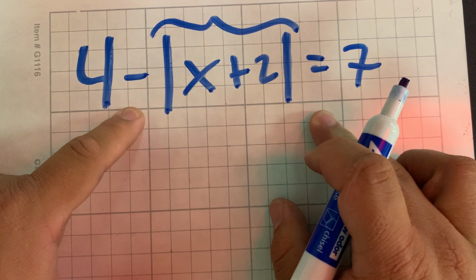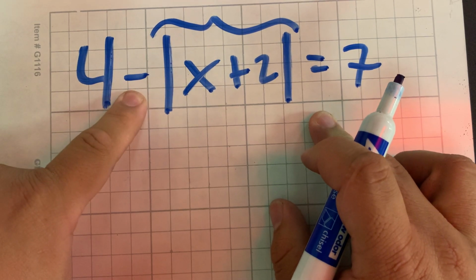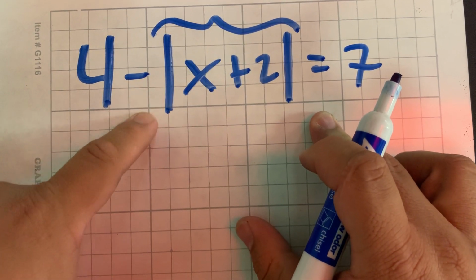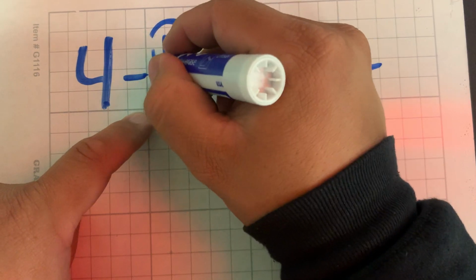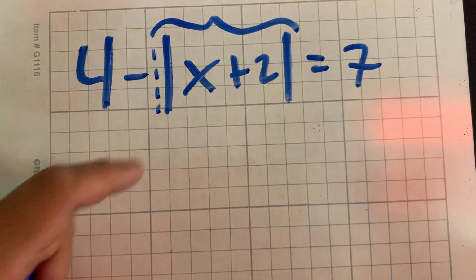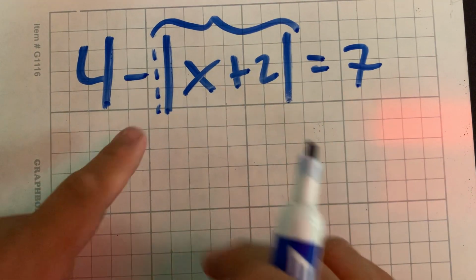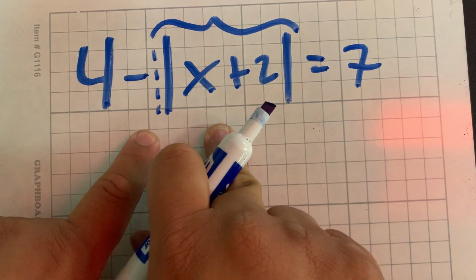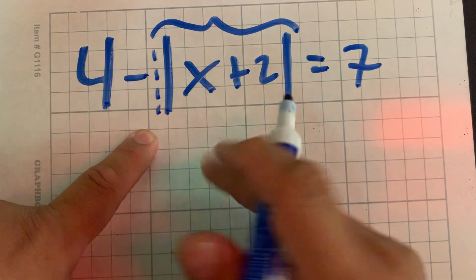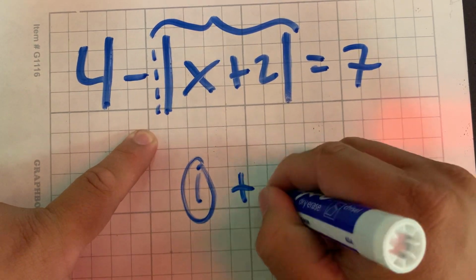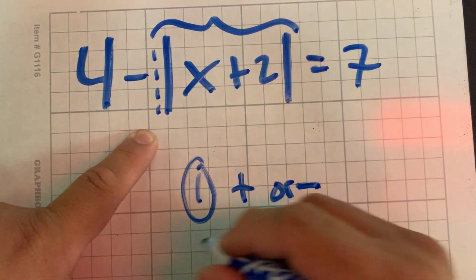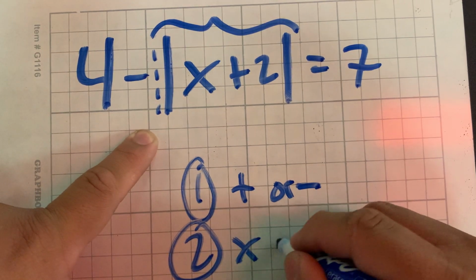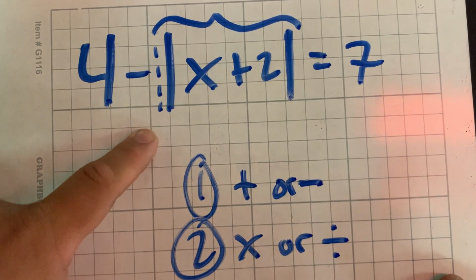Now, you want to remember that if there's a minus sign and there's not a number in front of something like this, it's that invisible 1. Which then should tell you, what's that negative 1 doing? It is being multiplied. So again, think of it as a two-step equation. The first step was to add or subtract. Then it's to multiply or divide.